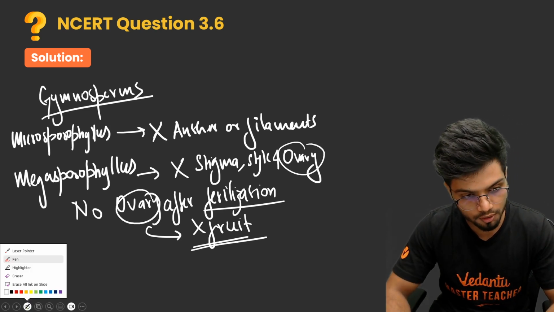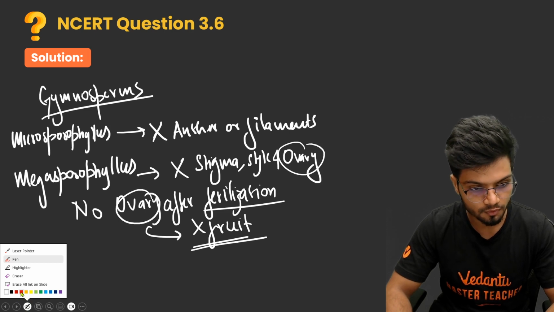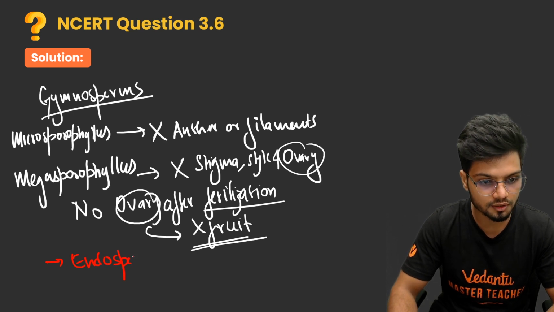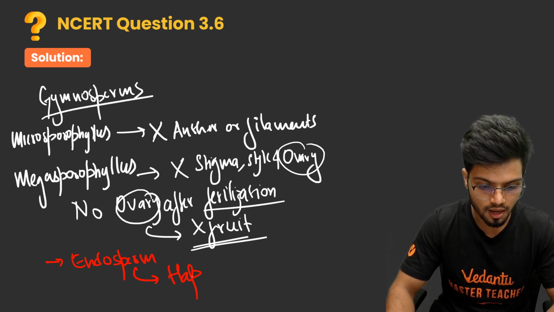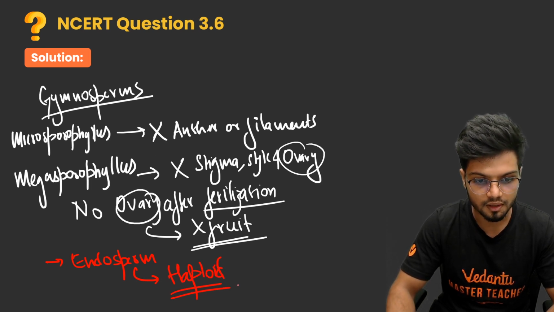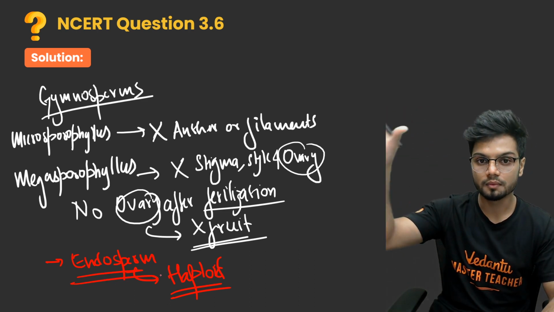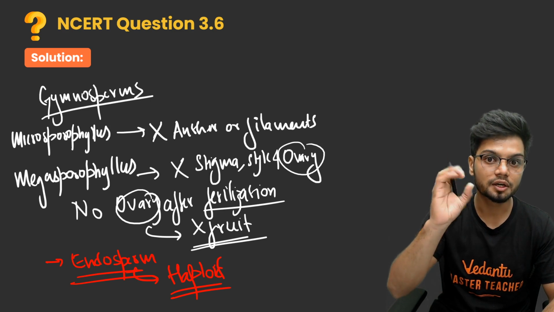Now one more important point about gymnosperms here is the endosperm. The endosperm which is produced here is haploid in nature. Endosperm in the case of your angiosperms is triploid.